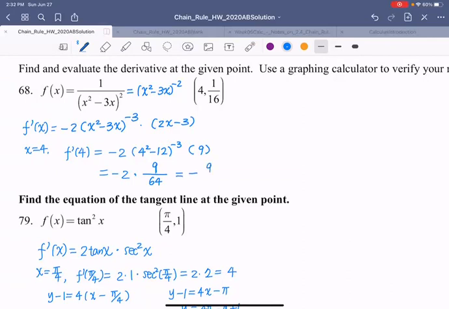This can be simplified like this. Correct? Okay.